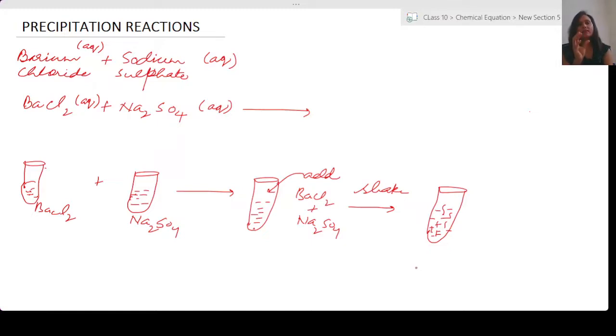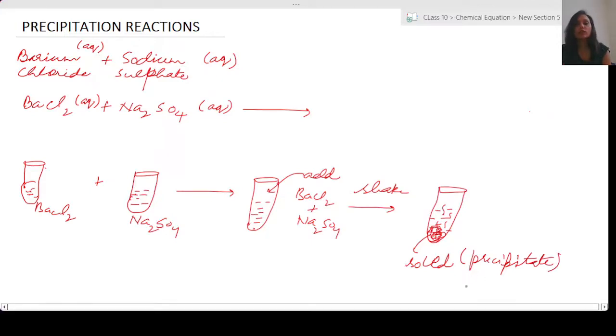They are hanging inside the solution and after some time they will settle at the bottom. These solid particles which are formed are called precipitate. In short, the precipitate is written as PPT.